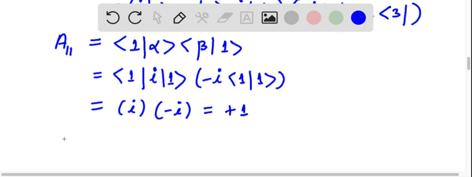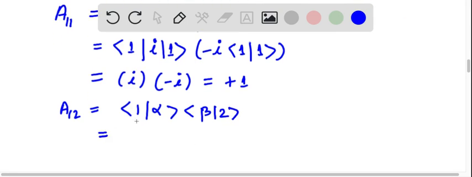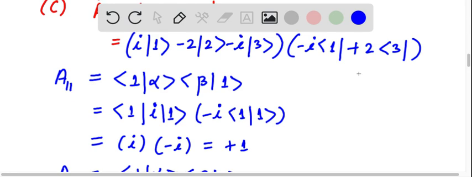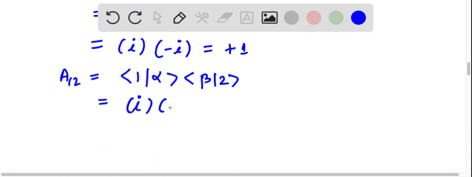Now A12 is ⟨1|alpha⟩⟨beta|2⟩. The value of this will again be i, and if we apply this beta on the state 2, because there is no state 2 in beta, it will be 0. So A12 will be 0.